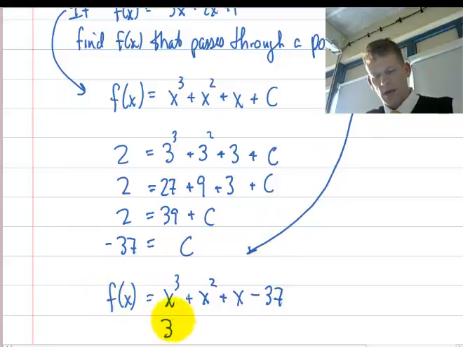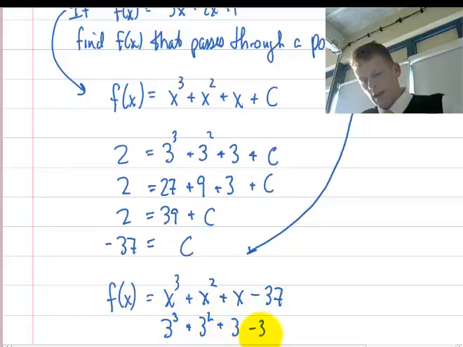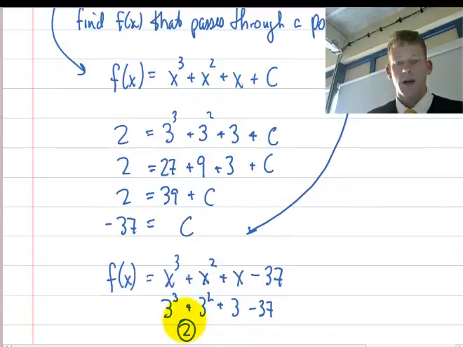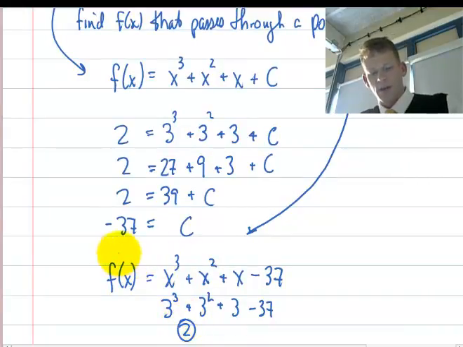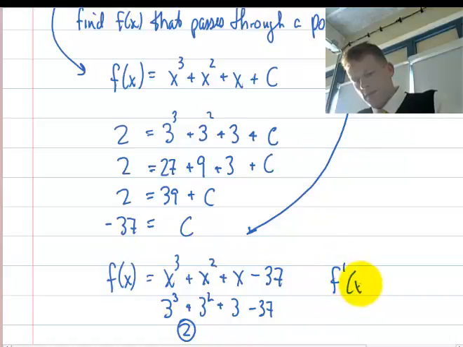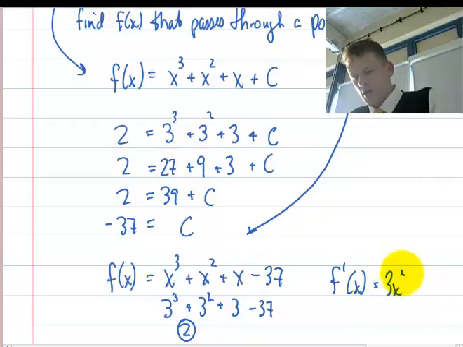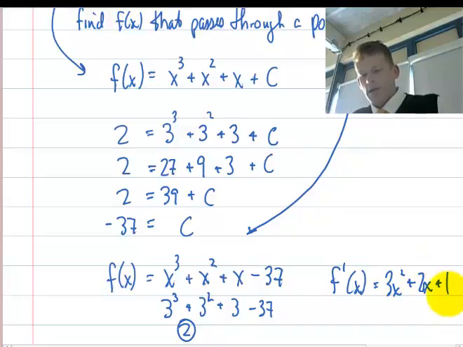So if I put 3 in, I cube it, and I square it, and I add it, and I take 37 away, I am going to get 2. So that checks. And the other thing, to make sure I got the right antiderivative, is I should take the derivative of it to just make sure that I didn't make any silly mistakes. And if I took the derivative of this, you would clearly see I have 3x squared plus 2x plus 1, and that would match up with what my initial given conditions were.